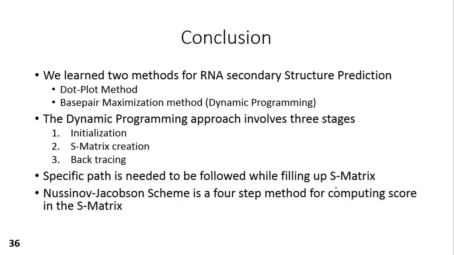You cannot randomly populate your S matrix. And this Nussinov-Jacobson scheme is a 4-step method for computing the scores for any box that needs to be populated in the S matrix. So these were the highlights of the Nussinov-Jacobson algorithm, and eventually my lecture on RNA secondary structure prediction.